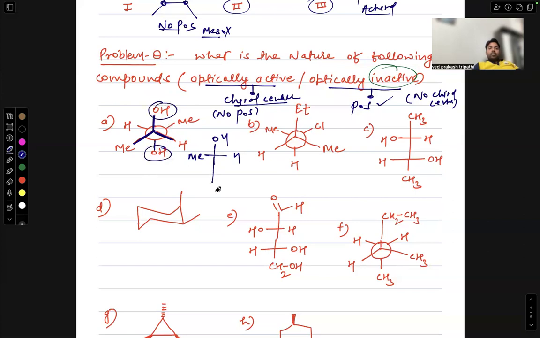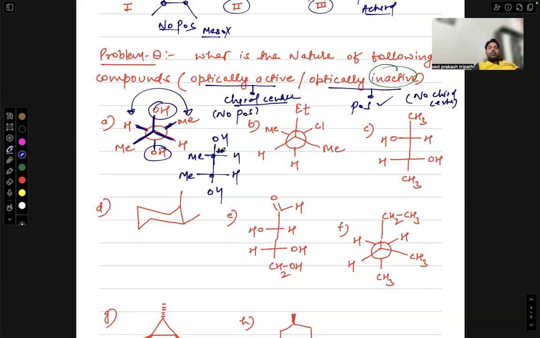So I'm going to keep OH here down. Now I will interchange this methyl with this hydrogen because I have to draw the eclipsed form. So I am going to exchange both of the groups. So methyl is going in the left and hydrogen in the right. So this is my correct drawing of the Fischer projection from the Newman.